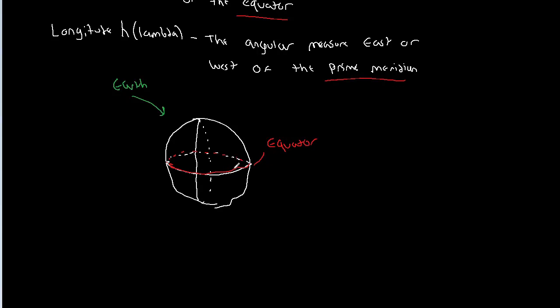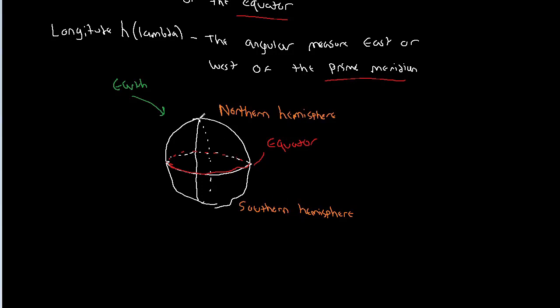So relative to the equator, we have the northern hemisphere, and then south of the equator we have the southern hemisphere. So the equator cuts the Earth in half, north and south.